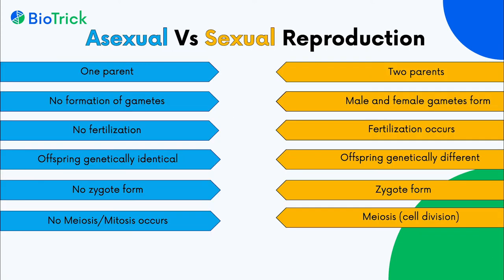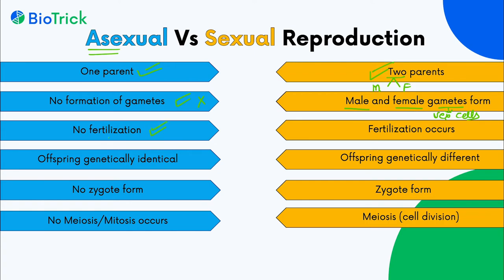Now let's understand what is the difference between sexual and asexual reproduction. These are the main features that differentiate asexual reproduction from sexual reproduction. Asexual reproduction involves one parent, while sexual reproduction involves two parents, male and female. Asexual reproduction does not involve the formation of gametes, while in sexual reproduction, male and female gametes, or sex cells, form.